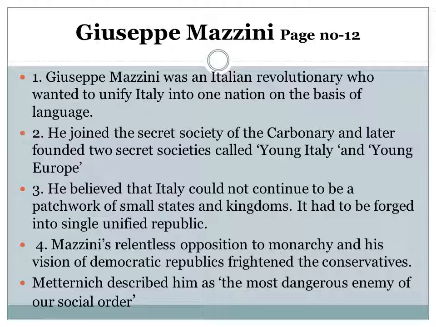He believed that Italy could not continue to be a patchwork of small states and kingdoms. It had to be forged into a single unified republic. Mazzini's relentless opposition to monarchy and his vision of democratic republics frightened the conservatives. Metternich described him as the most dangerous enemy of our social order.